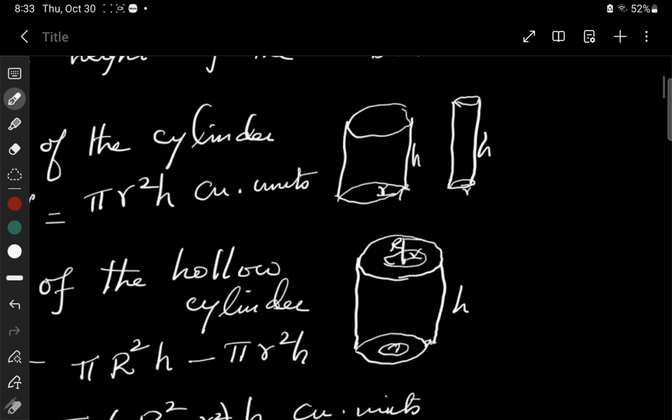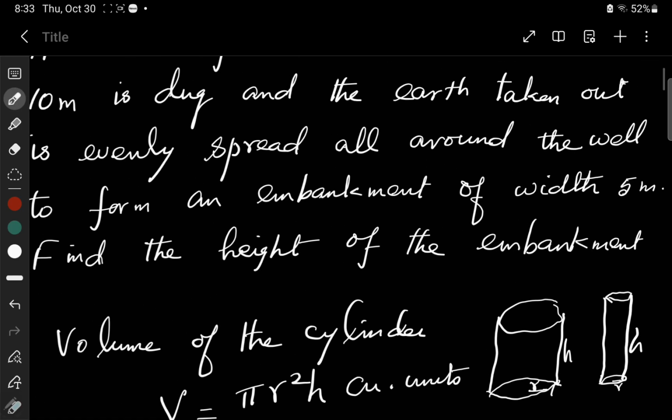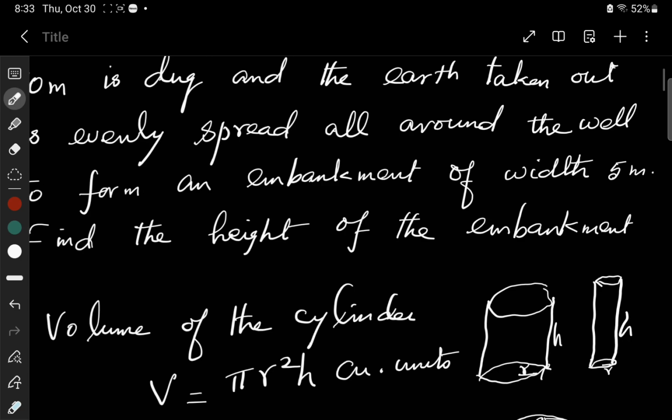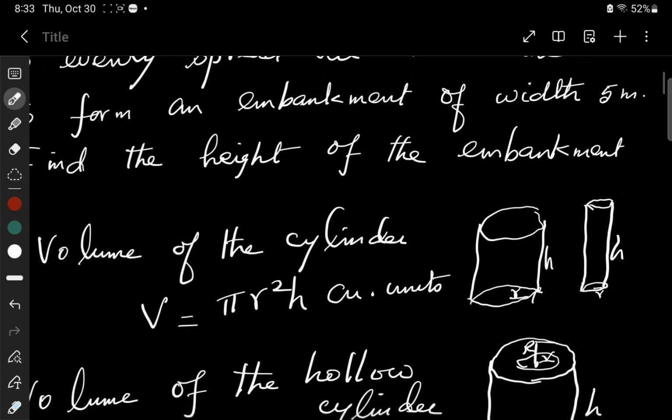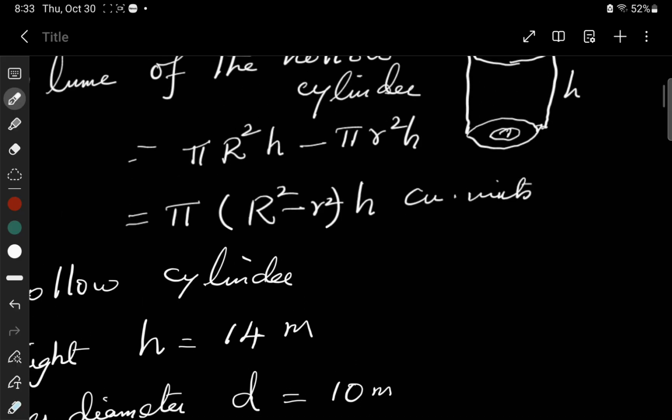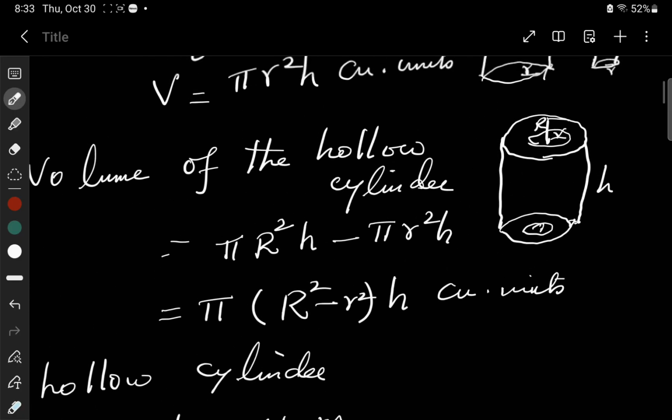Now look at the question. We take out all the sand from inside this well and we form the embankment, that is, the wall around the well. Find the height of the embankment, the height of the hollow cylinder. So how do you get the wall?